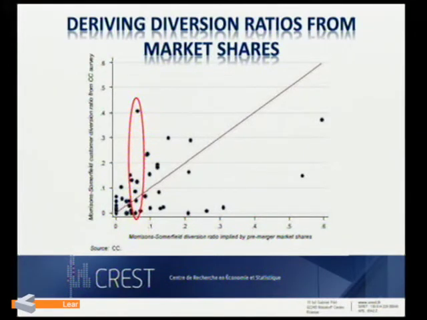So look at the red part here. For one diversion ratio implied by pre-merger market shares, you can have several examples, among those 50 or so supermarkets, where the true, or at least the estimated, diversion ratios from the survey can differ substantially from one store to another, even when they would generate the same diversion ratio if you simply use market shares.